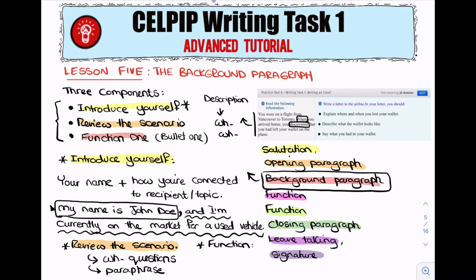So bullet 1 is function 1, bullet 2 is function 2, and bullet 3 is function 3. The first bullet is what we are going to put in the background paragraph. So here is where we're going to explain where and when we lost the wallet. Remember, in the planning phase, we also came up with 2 points that we're going to mention. So we should have enough ideas.